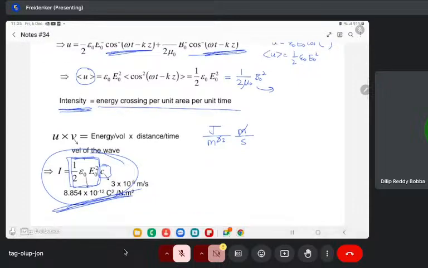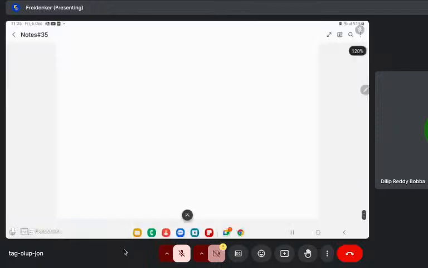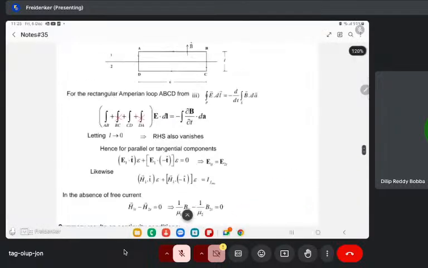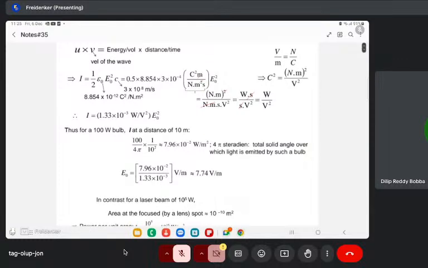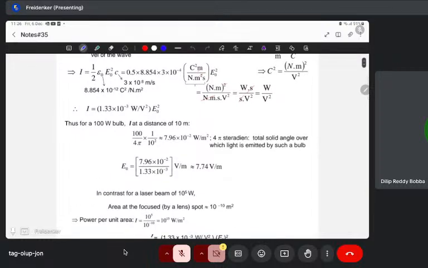Should increase the speed. What is here? Okay, the same thing. They give some example. You can look into the example. They gave you power. They want you to find intensity. They gave you distance.